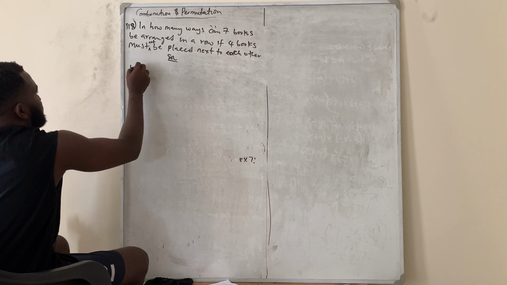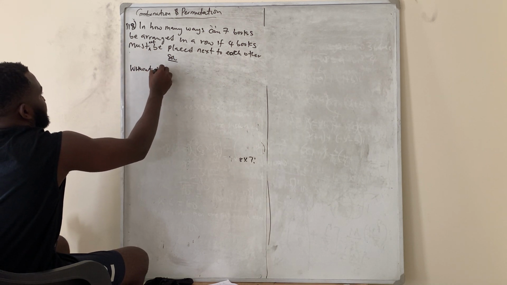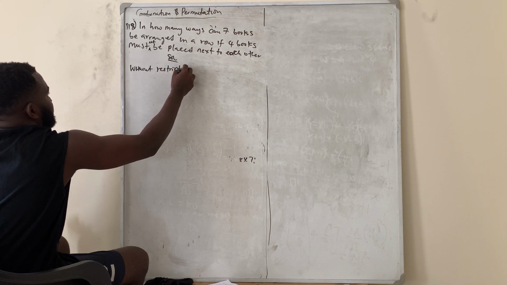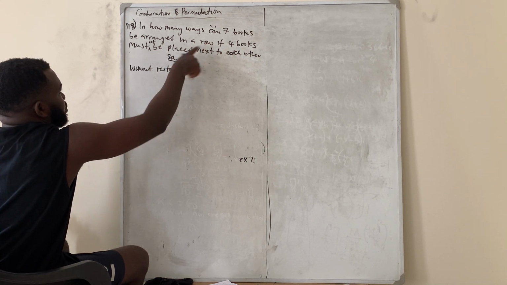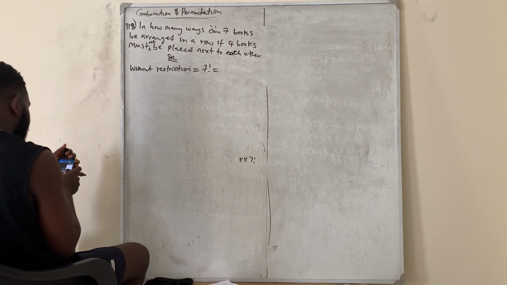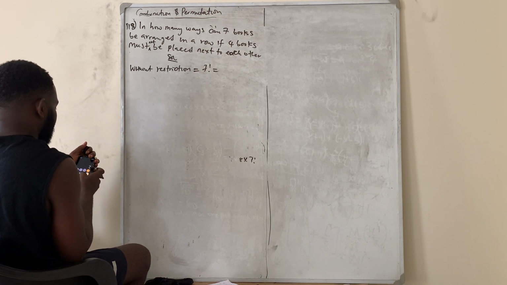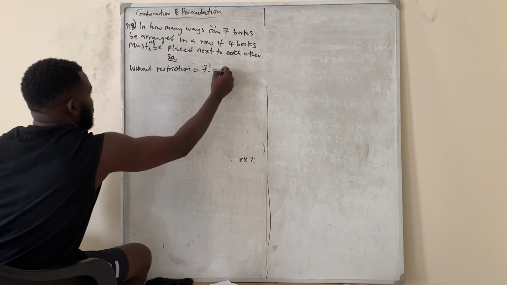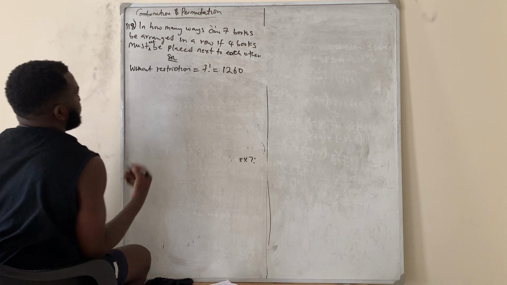So you now say without restriction. Arranging 7 books normally without restriction is just 7 factorial, and 7 factorial is 7 times 6 times 5 times 4 times 3 times 2, which will give you 1260 without restriction.